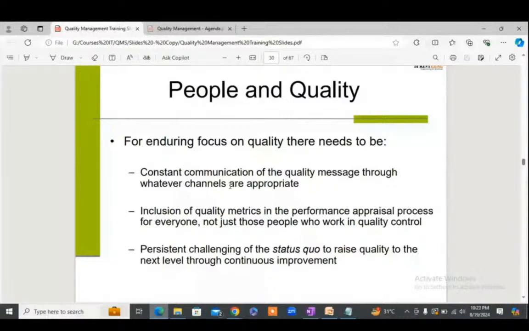Whereas for return on investment, high quality products and services can enhance customer satisfaction and loyalty, potentially leading to increased market share and revenue, which justifies the investment in quality initiatives. So balancing technical advancements with economic considerations helps ensure that quality improvements are both effective and sustainable. Got it?